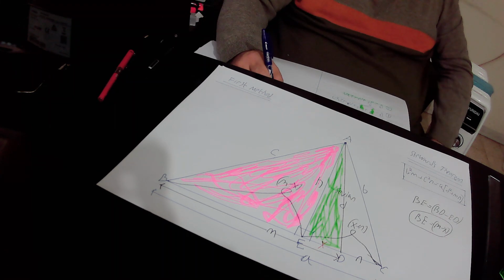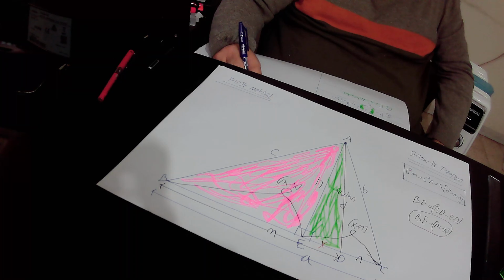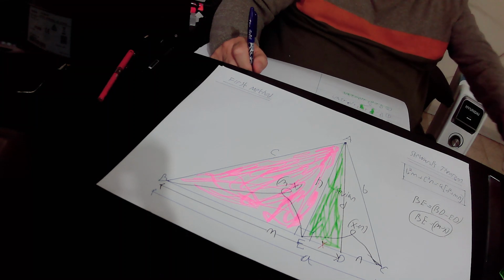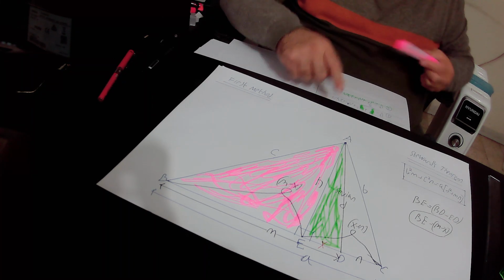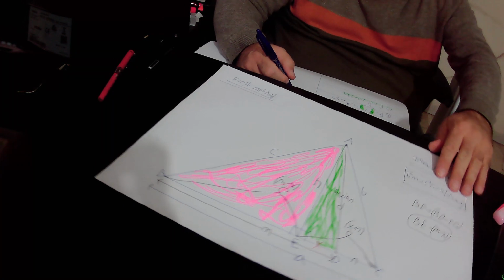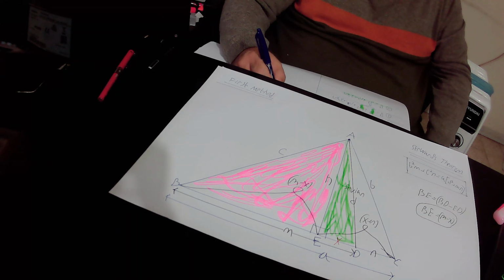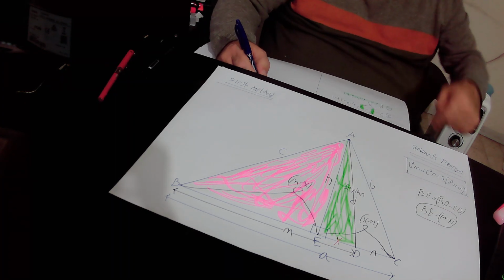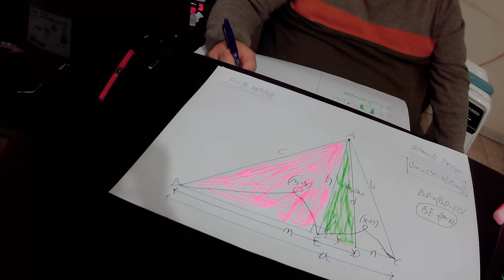So in the right pink triangle AEB, by PT, that is to say by Pythagoras theorem, we will get that AB squared, the hypotenuse is AB, so the square of the hypotenuse is AB squared, equals AE squared plus EB squared, or BE squared.